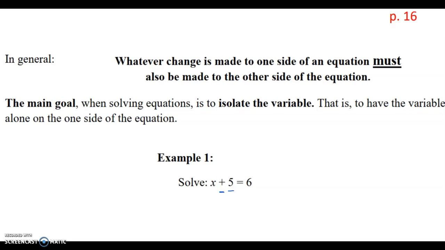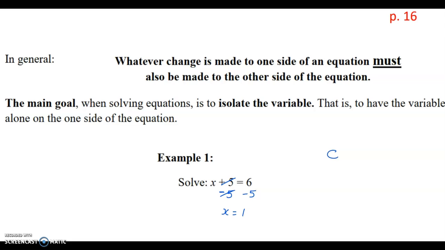So I'm going to subtract 5, because 5 minus 5 will cancel the 5 out. But what I have done on the left-hand side, I have to do also on the right-hand side. So I'm going to have x isolated on the left is equal to 6 minus 5, which is 1.